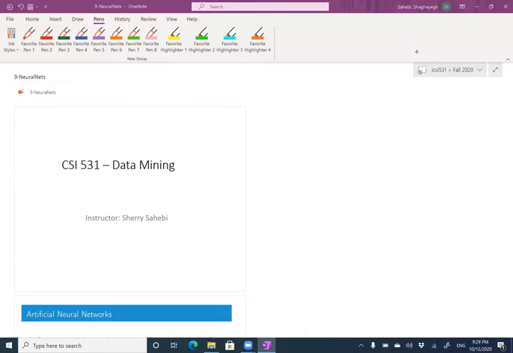We are going to talk about artificial neural networks today. So what are neural networks? They are some of the machine learning models that were very popular at the rise of AI in the 1980s, and then they went down, and again they are very popular after 2000, maybe 2008, 2010.